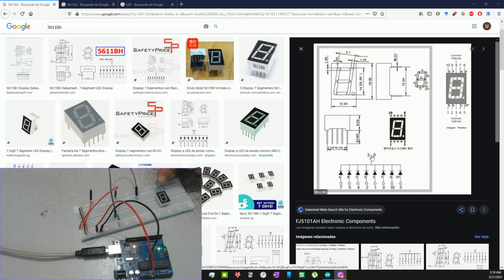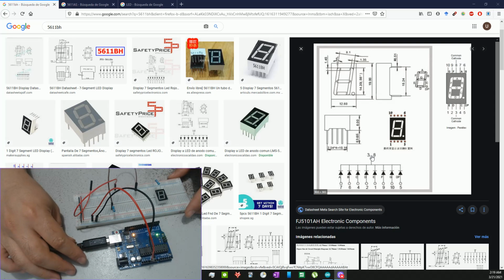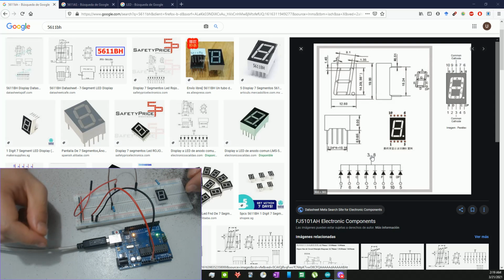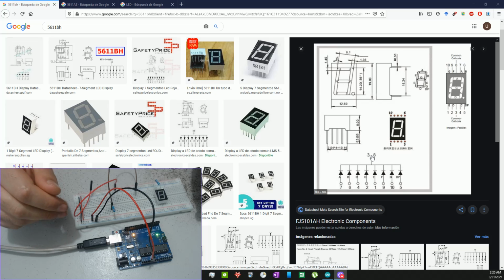This element is going to dissipate more heat, and then your circuit is not going to work efficiently. It might work, yes, but not efficiently. And then if you design a circuit to work on batteries, you may reduce the life time of your battery, because you don't use the proper resistance value.